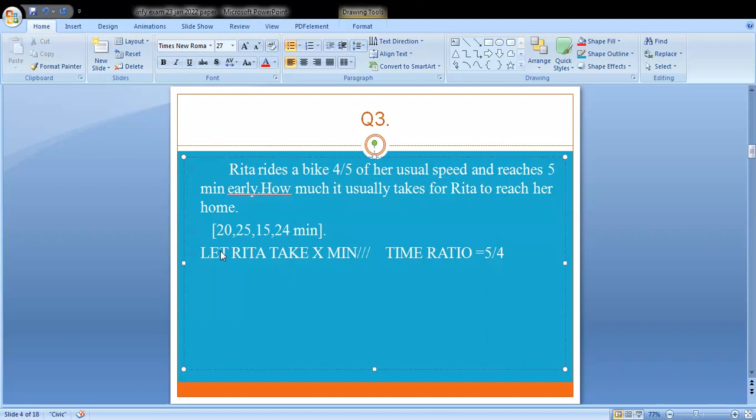Now let us take 5 by 4x minus x equal to 5 minutes.